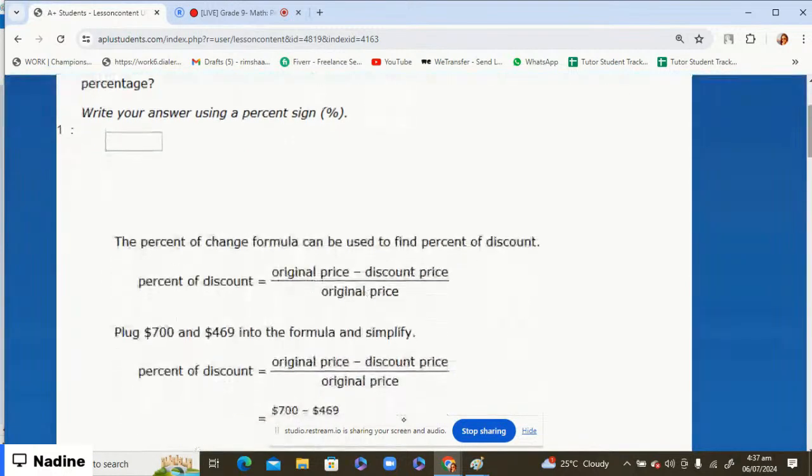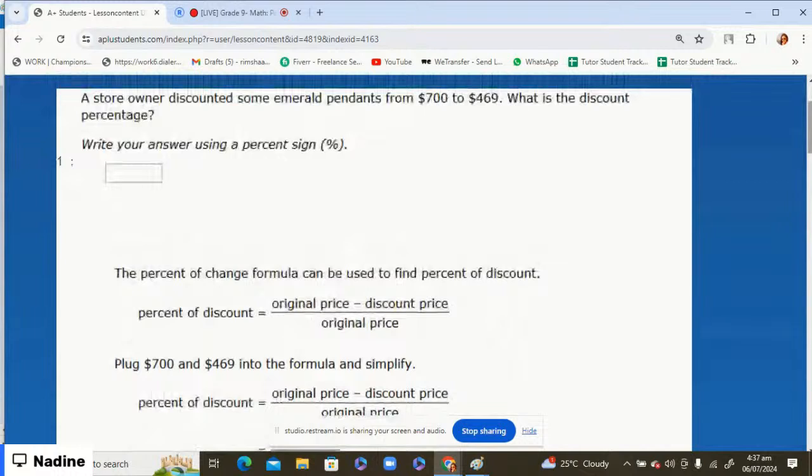Look here. Original price, then you subtract the discount price. For example, the original price of the chocolates is 1000, and the discount price is, say, 30. Just subtract and then divide by the original price.